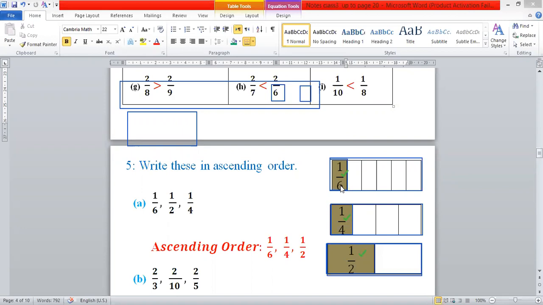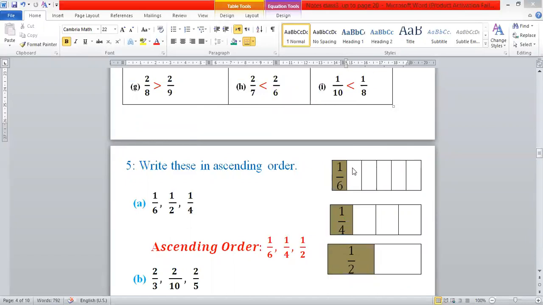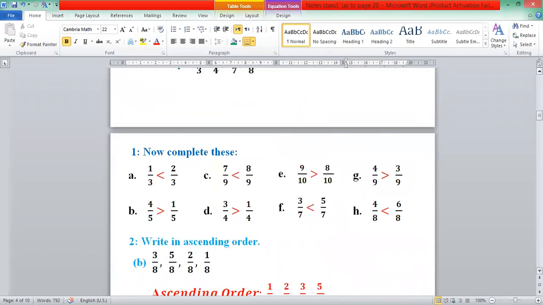So 1 over 7 is smaller than 1 over 6. 1 over 6 is smaller than 1 over 4. 1 over 4 is smaller than 1 over 2. So in this way, we are going to compare two fractions in the above question.